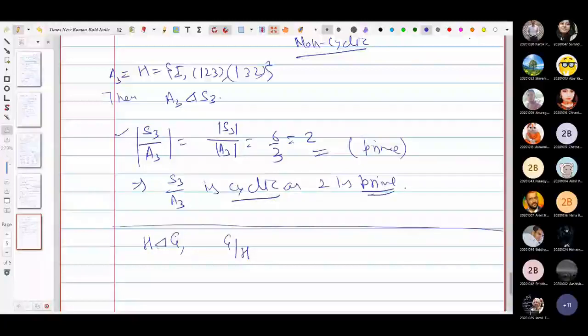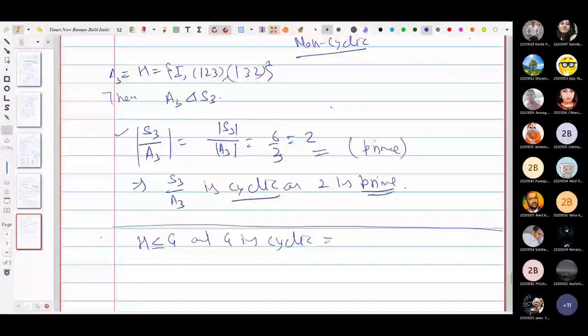The condition was that H is a subgroup of G and G is cyclic. So I'm writing the statement of the theorem: G by H cyclic.